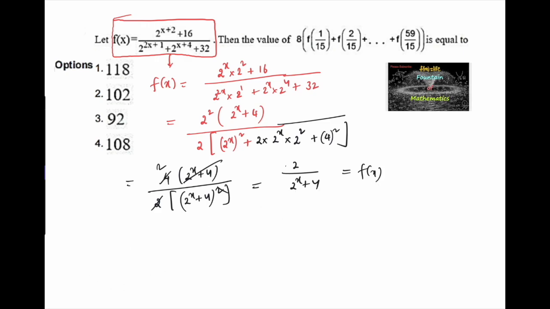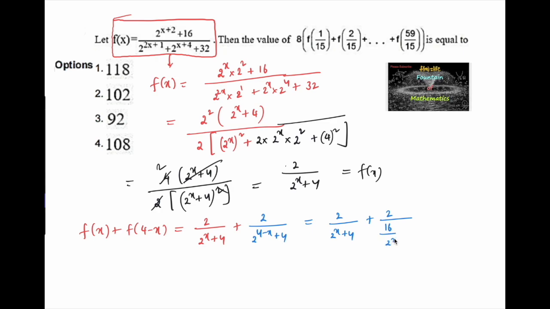Now let us consider f of x plus f of 4 minus x, which is equal to 2 upon 2 power x plus 4 plus f of 4 minus x, we can write 2 upon 2 to the power of 4 minus x plus 4. Thus simplifying, 2 upon 2 power x plus 4 plus 2 upon, and here 2 power 4 is 16, 16 divided by 2 power x, we can write plus 4.